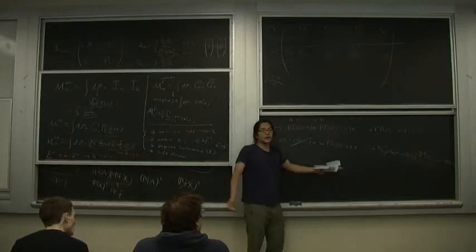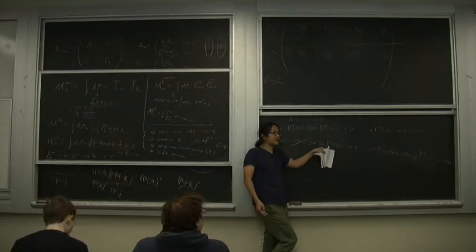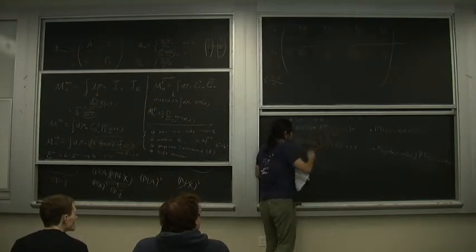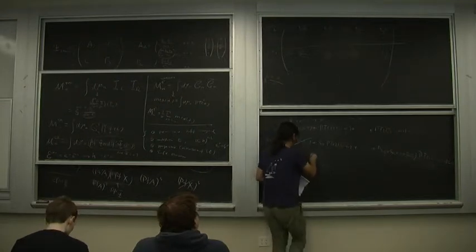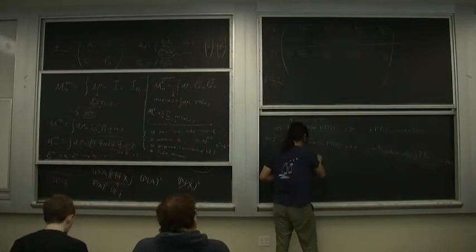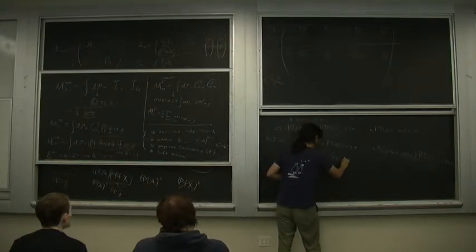Why is that true? At first sight it is very mysterious because these are just sigmas. Now you have the S's, but they are true because of the scattering equation. I'll leave this as an exercise, to show that the left-hand side of this identity is actually proportional to this formula, the sum over i from 2 to n of S1i sigma_i over sigma_1i.